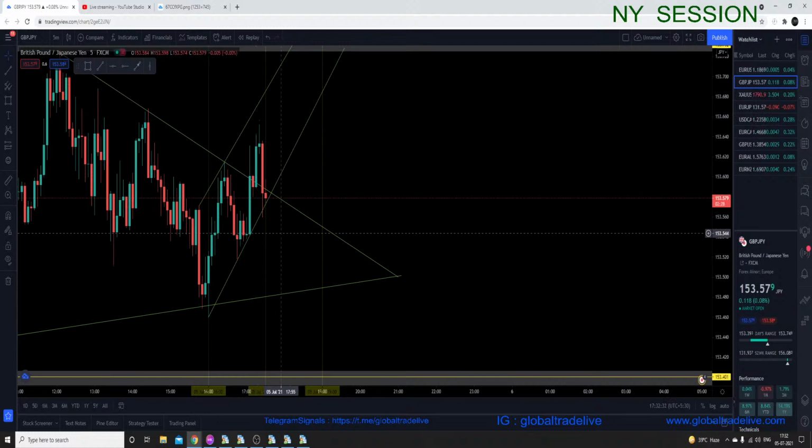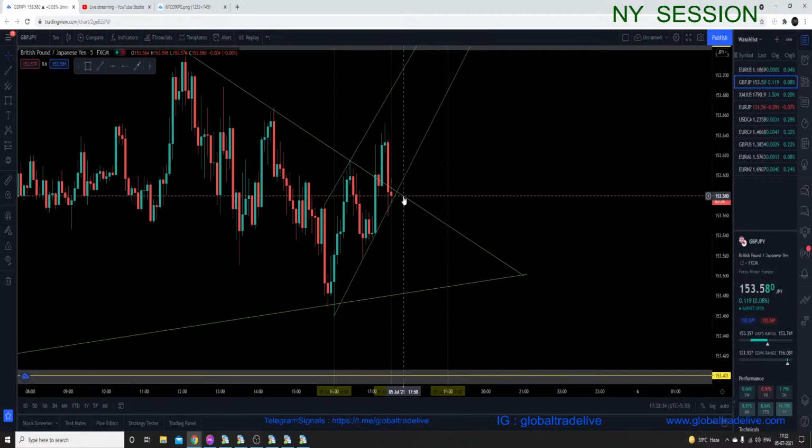Because if we think about it from the trend line perspective also, then this candle will be going down, breaking this lower trend line and respecting this upper trend line, and will be moving towards this lower trend line.